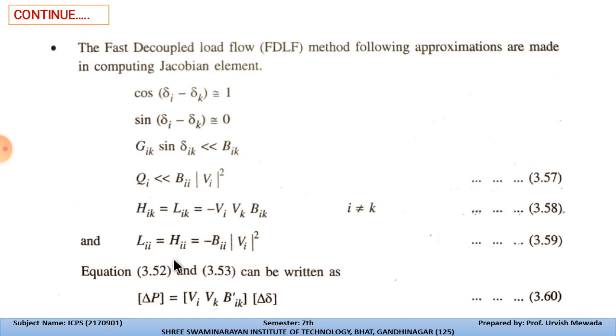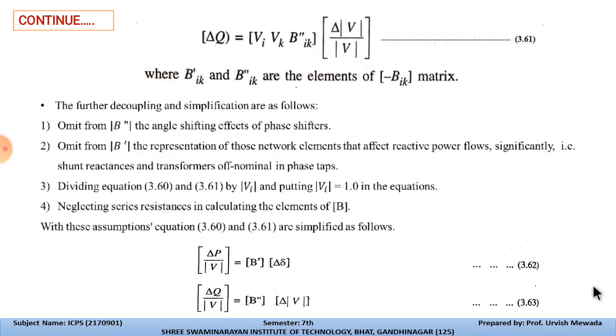Now equations 3.52 and 3.53 can be rewritten, and in them we put the value of H ik. So delta P is equal to Vi Vk b dash ik into delta delta. This is equation number 3.60.